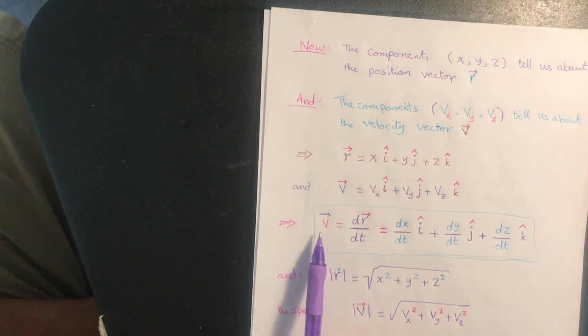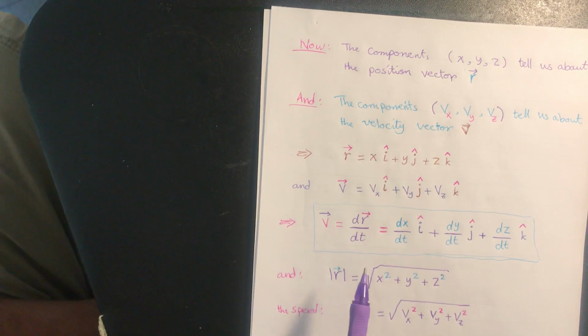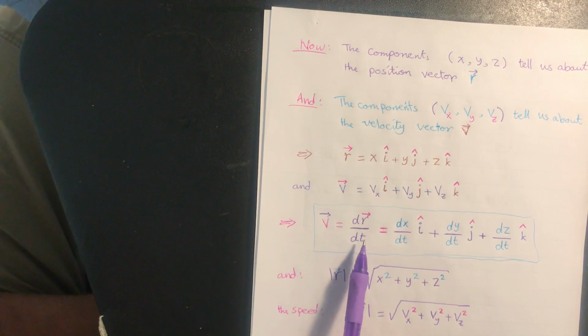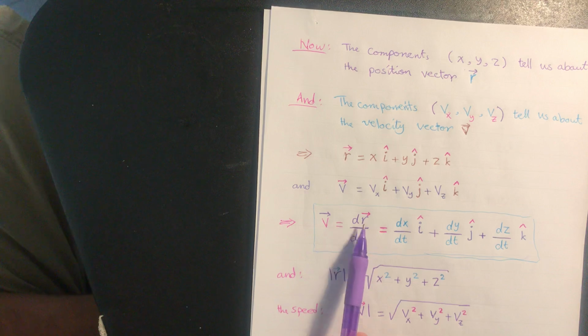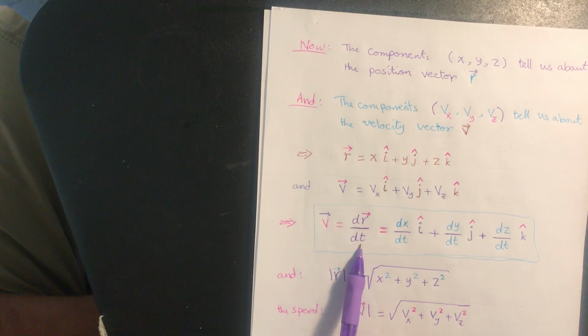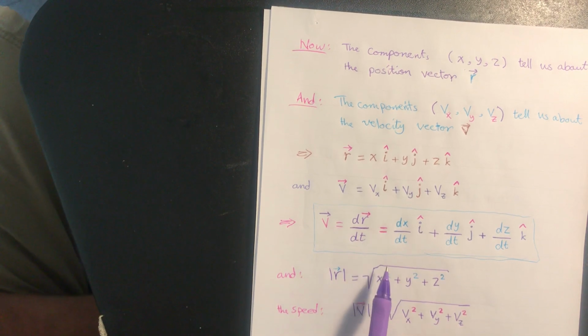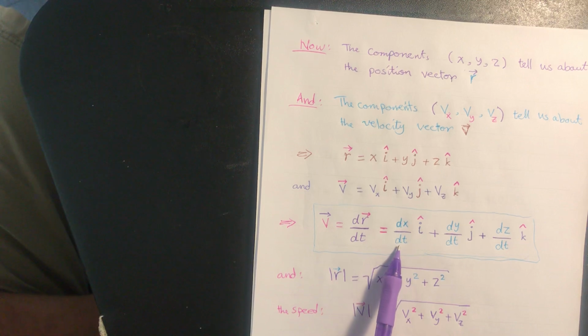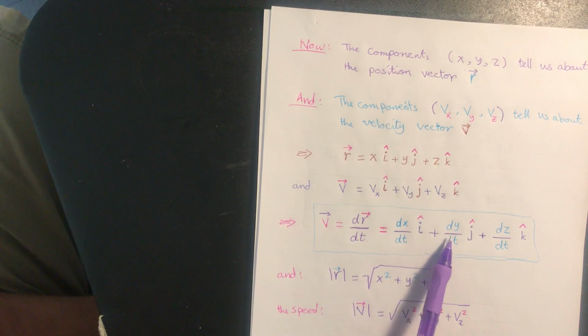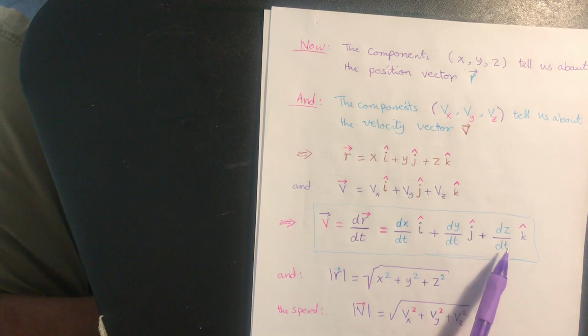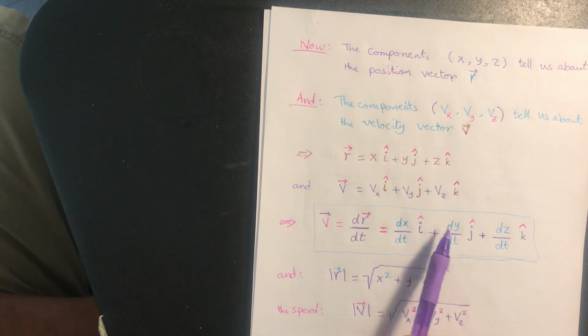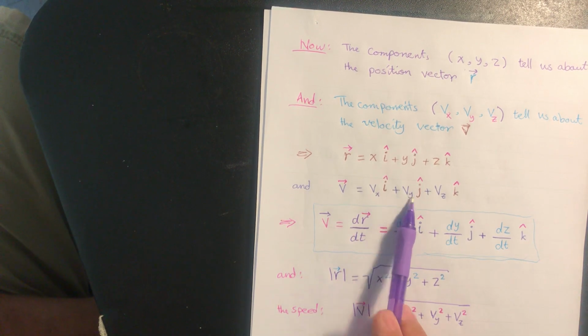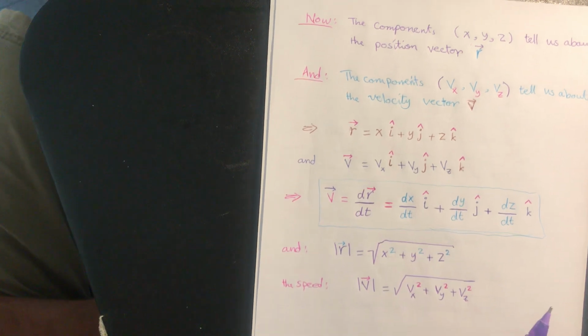We can also write v in this view, which is dr by dt, the rate of change in the position with respect to time, which is equal to dx over dt i hat plus dy by dt j hat plus dz by dt k hat. This is vx, vy, vz.